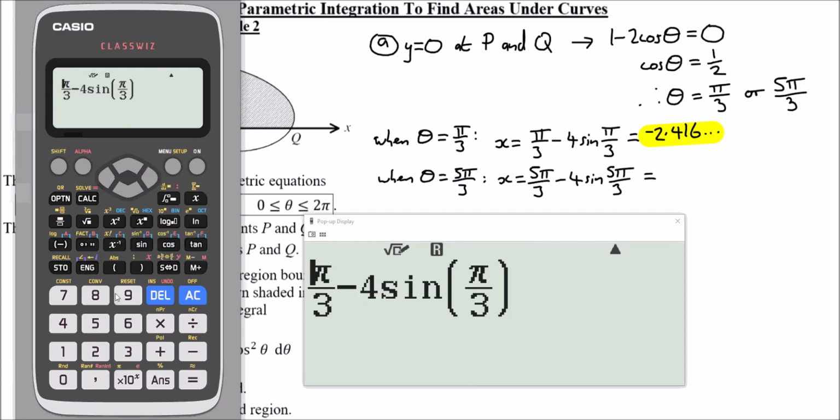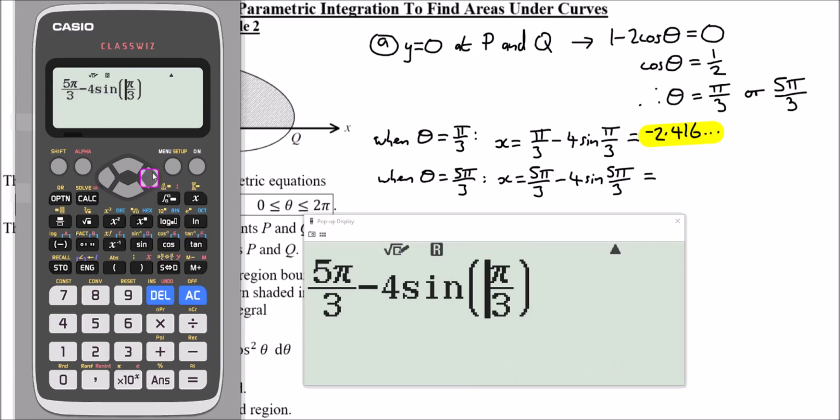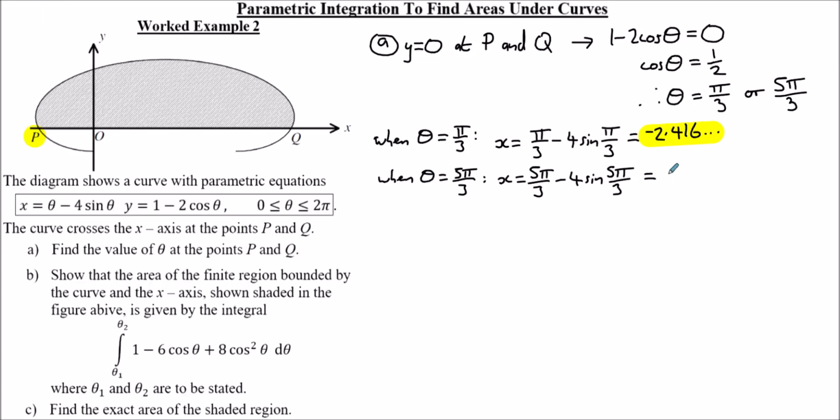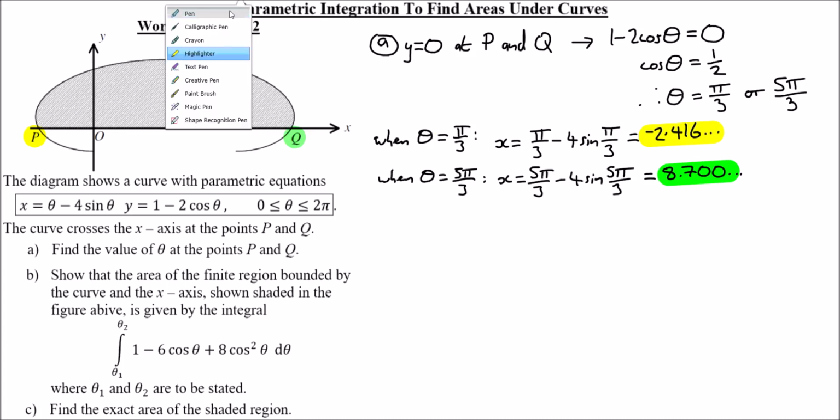We get 8.7000. So quite clearly, that one's going to relate to Q, because that's where it gives x to be a positive value. So essentially we've got our answers of part A.